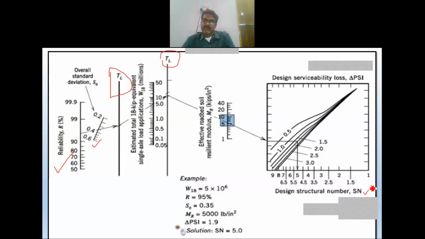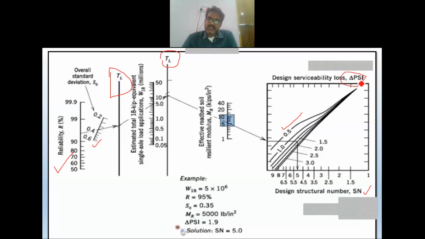The structural number is unknown in our case. Design serviceability loss delta PSI is given in terms of curves. First curve delta PSI is 0.5, second curve 1, third curve 1.5, then 2, 2.5, 3. These are the curves denoting delta PSI.